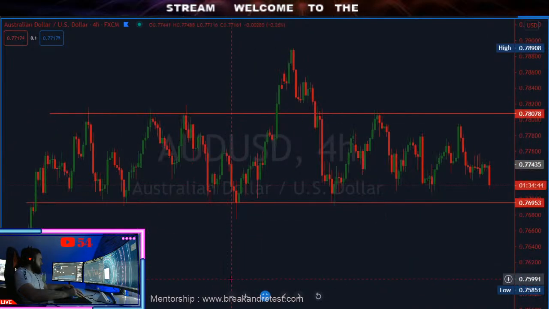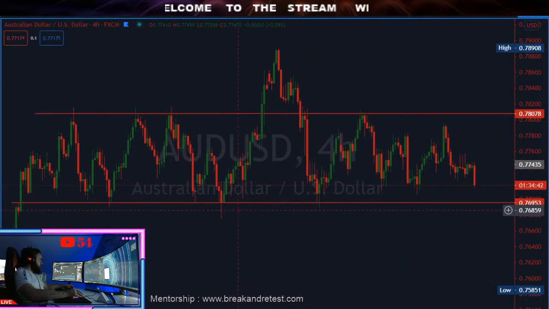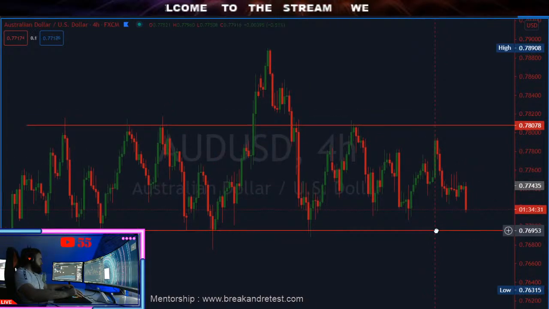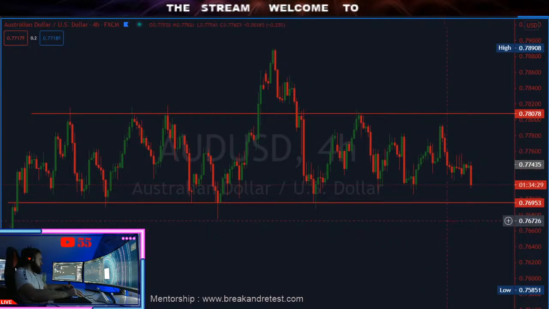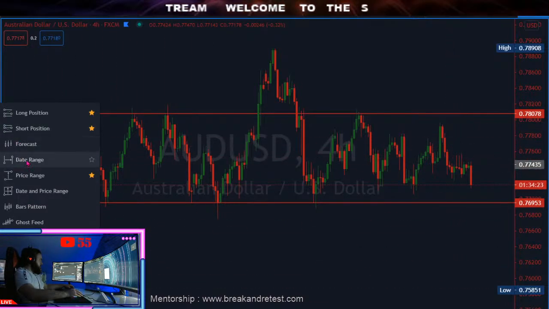Yeah, Aussie dollar to the downside when it breaks below the zone 0.76950. If we break below this, then yeah. But this is crazy consolidation. It looks like it's going for a while.